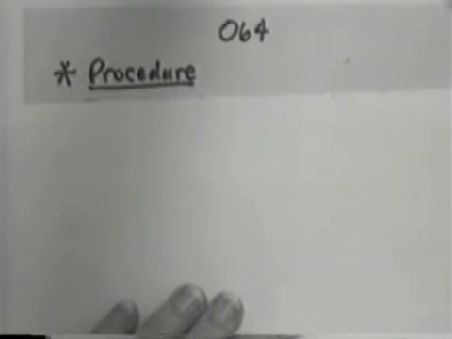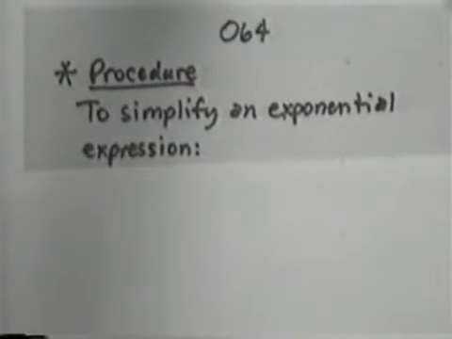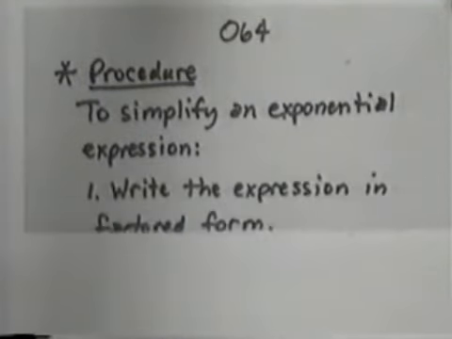This procedure is very important. I've put a star beside it. Be sure you write it down as we go so that you'll be able to use it in working the problems. The procedure to simplify an exponential expression: step 1, write the expression in factored form.